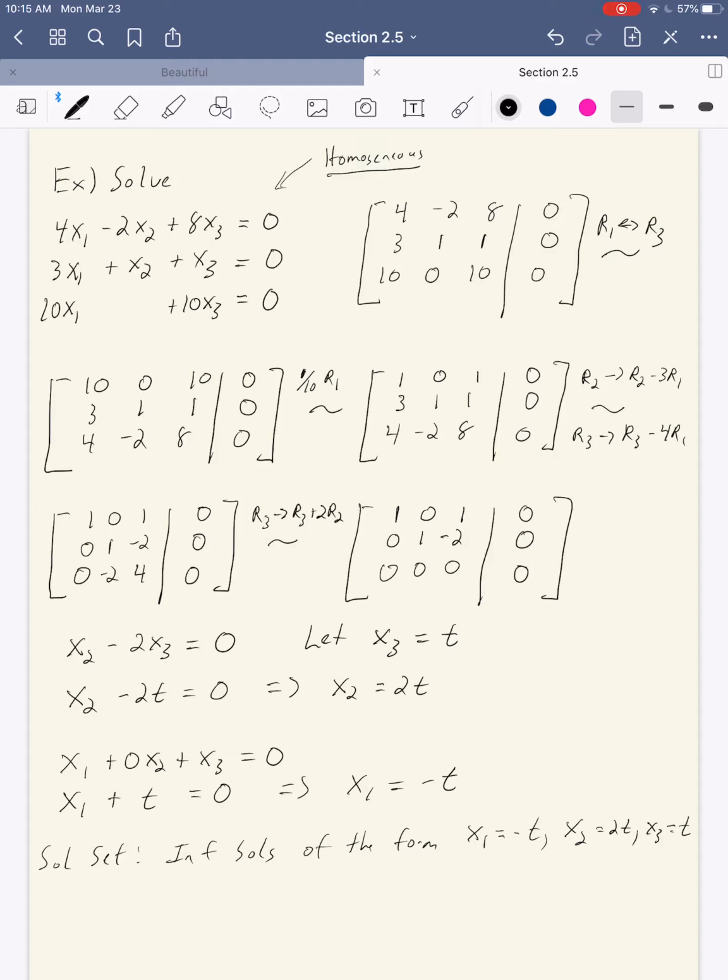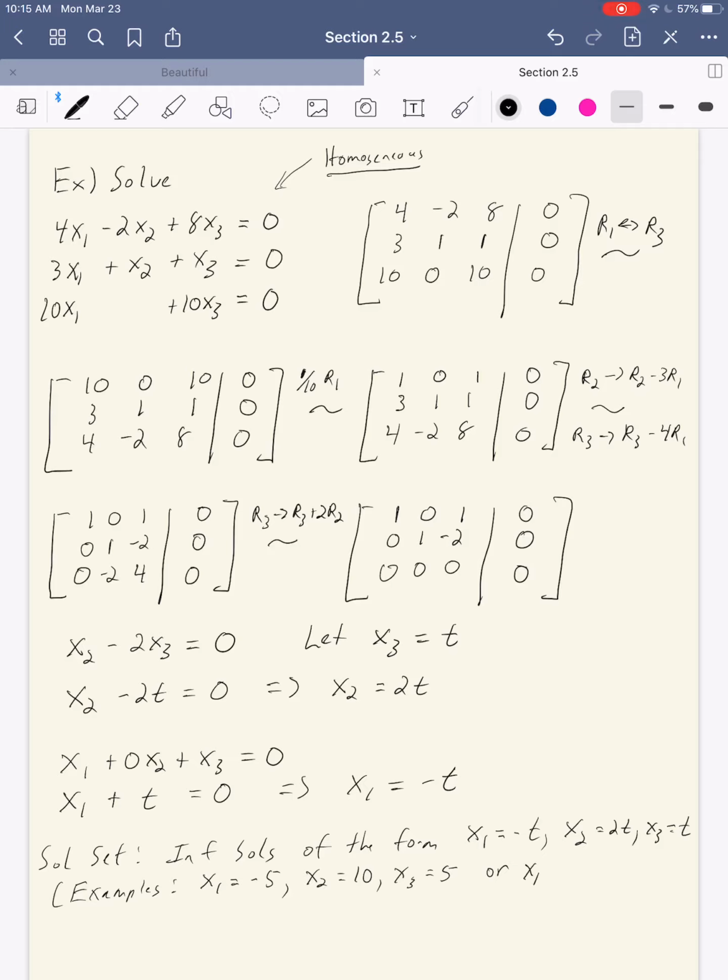Now, just to help you understand what that means, examples of those solutions would be something like, let's say t is 5. So x1 is negative 5, x2 would be 10, and x3 would be 5. Or you could have, let's say t is negative 3.